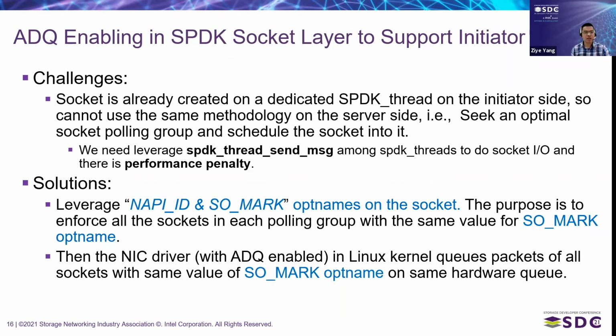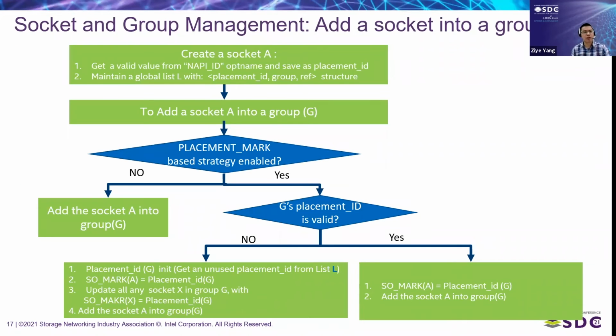Then in the Linux kernel, we can schedule those sockets with the same SO_MARK value on the same hardware queue managed by the ADQ technology. Then we can continue to benefit from the performance improvement through the ADQ technology. And in the next page, we will share the details of how we do it.